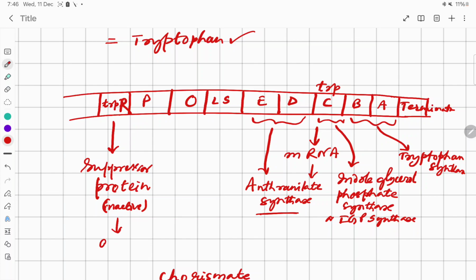in presence of tryptophan. So when tryptophan is adequately synthesized, it makes this suppressor protein active, and this active suppressor protein will block this operator. And to the promoter, the enzyme RNA polymerase binds.